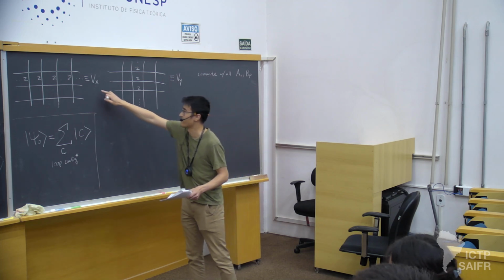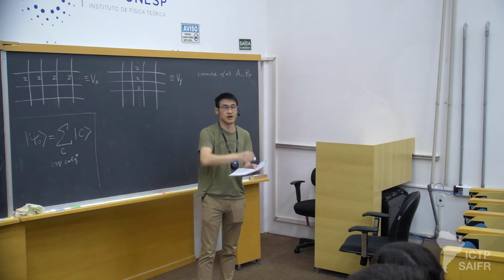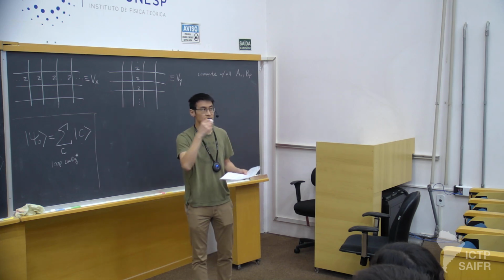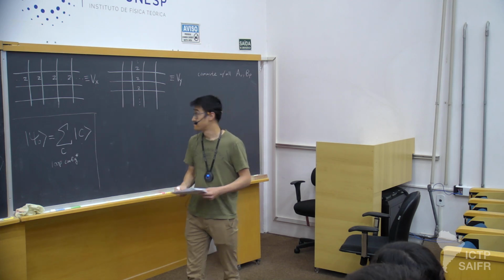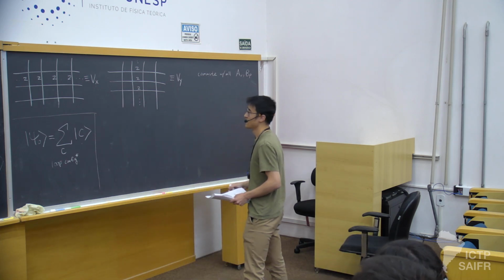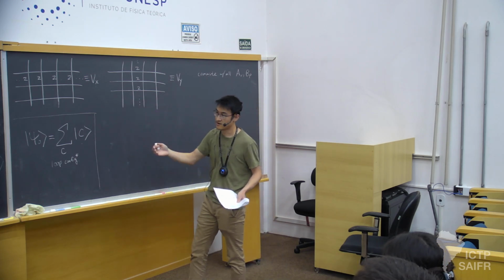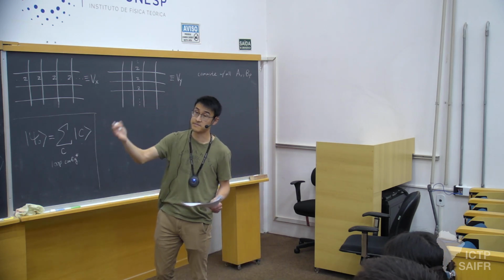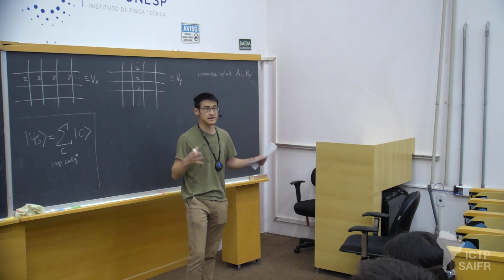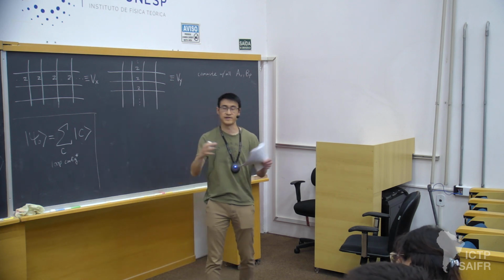But here we have an operator supported on a non-contractible loop around the torus. So for now, just take my word that these V_x, V_y are independent of A and B. They cannot be obtained by taking a product of different A's and different B's.